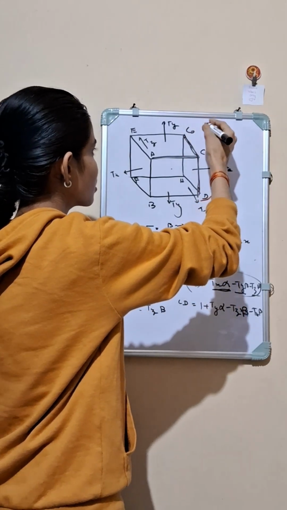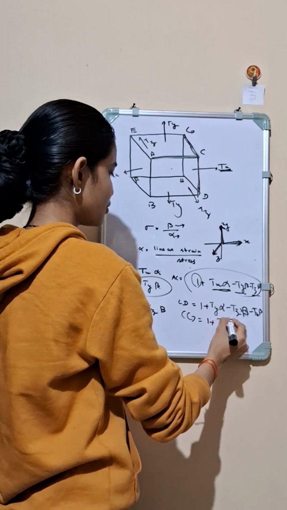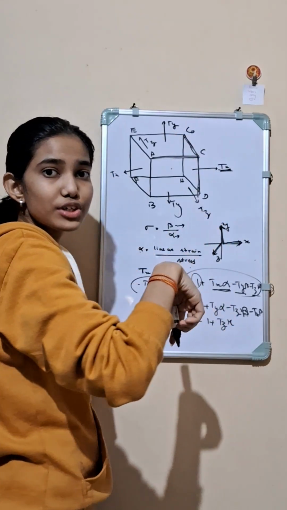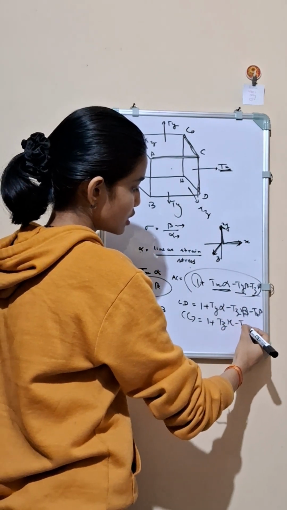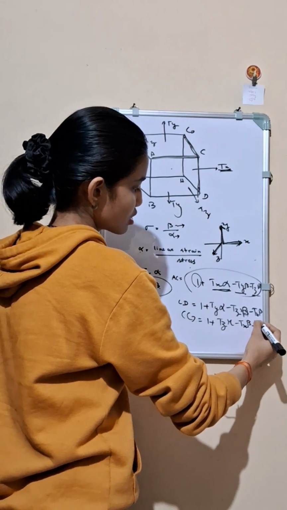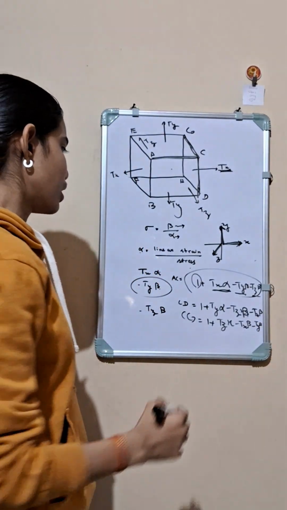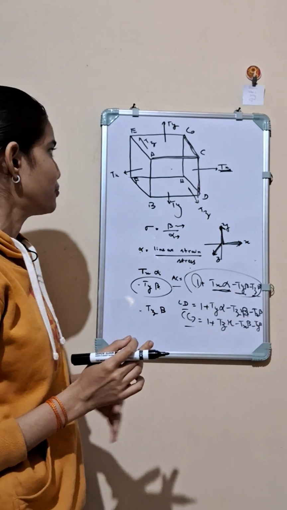For CG it will be equal to 1 plus Tz alpha, because the increase is due to the stress along the z axis, and minus Tx beta minus Ty beta for the decrease. So now I have three sides of the cube.